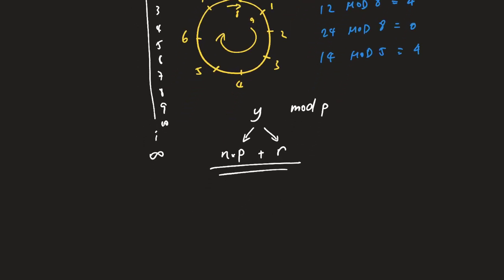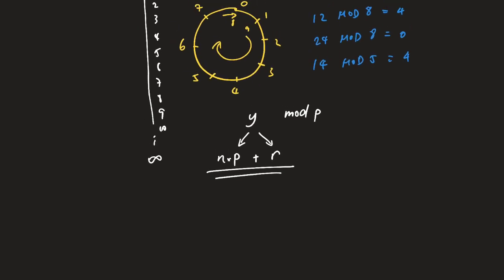So for example, let's say y is 25 and p is 8. So we can represent 25 as 3 times 8 and then plus the remainder of 1. So that'll come in useful later on.